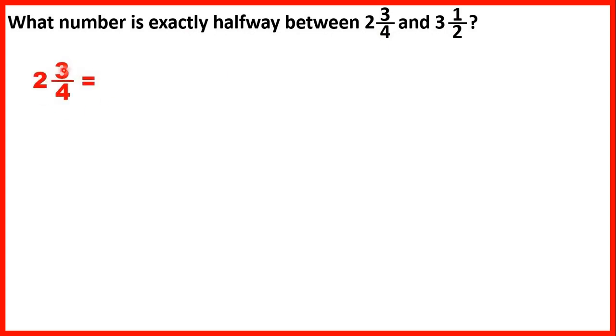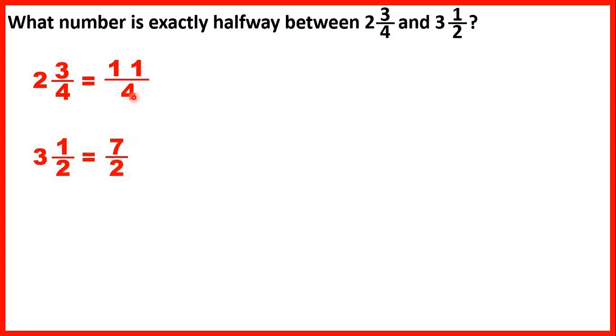So 2 3/4 as an improper fraction is 11/4. 2 times 4 is 8, plus 3 is 11, and the denominator stays the same. 3 1/2 is the same as 7 halves. 3 times 2 is 6, plus 1 is 7, and again the denominator stays the same.